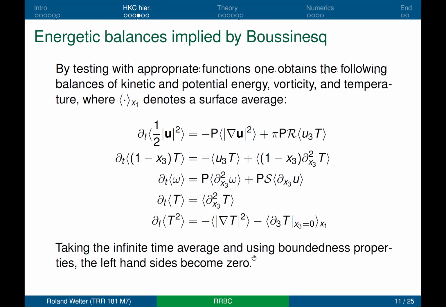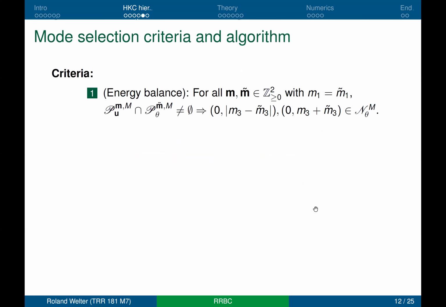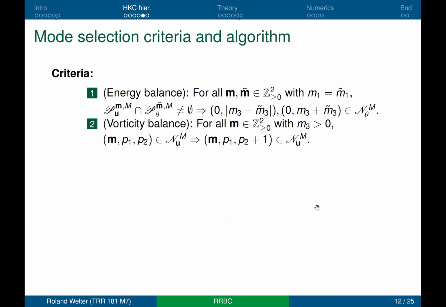So we would like our ODE models to satisfy these same balance laws as the PDE. It actually turns out that not any random choice of Fourier modes will guarantee this. You have to specifically satisfy certain mode selection criteria, which are given here.